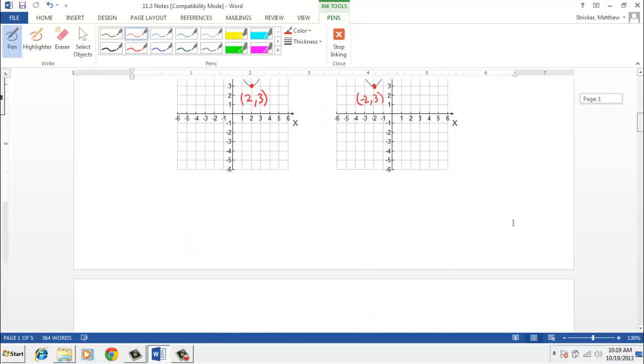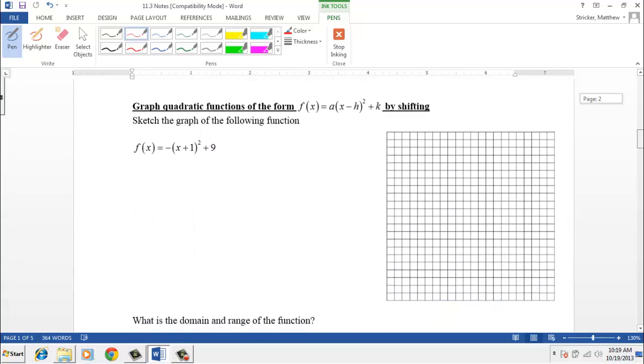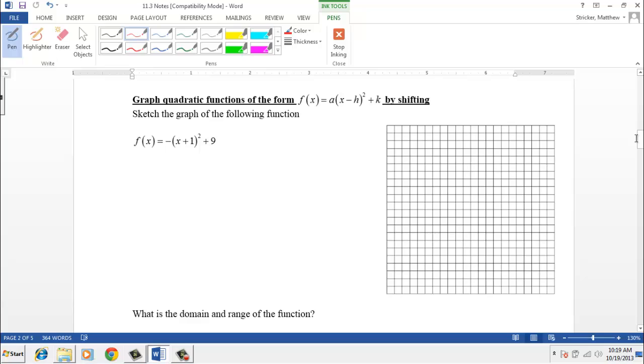Before we do that, though, let's review how we go ahead and graph a quadratic equation that's in this form by shifting. And so there's a couple things we can tell about this graph. Number one is that negative out in front tells us what? You should be thinking that it tells us that it opens down. We also know that this plus 1 here means there's a shift left 1.